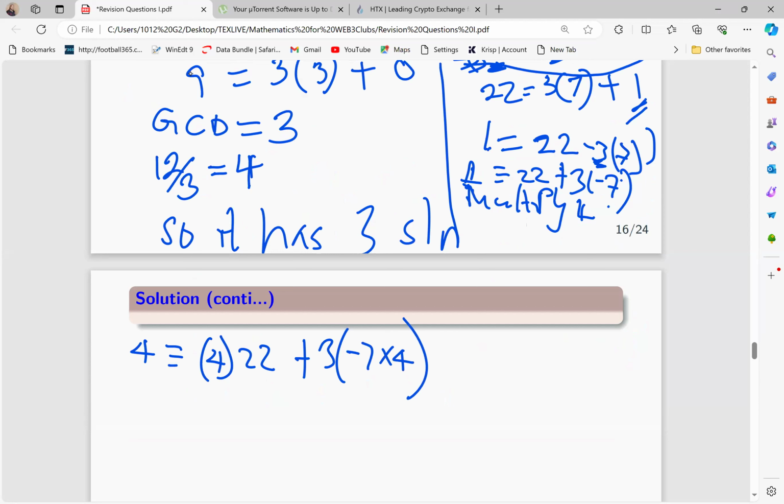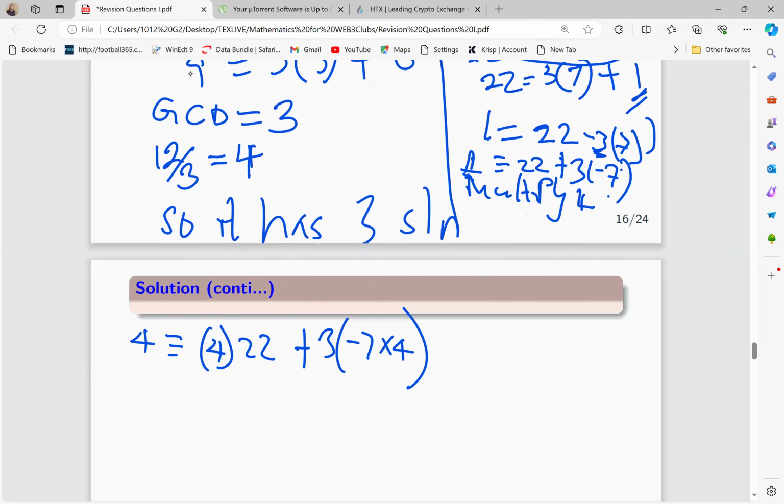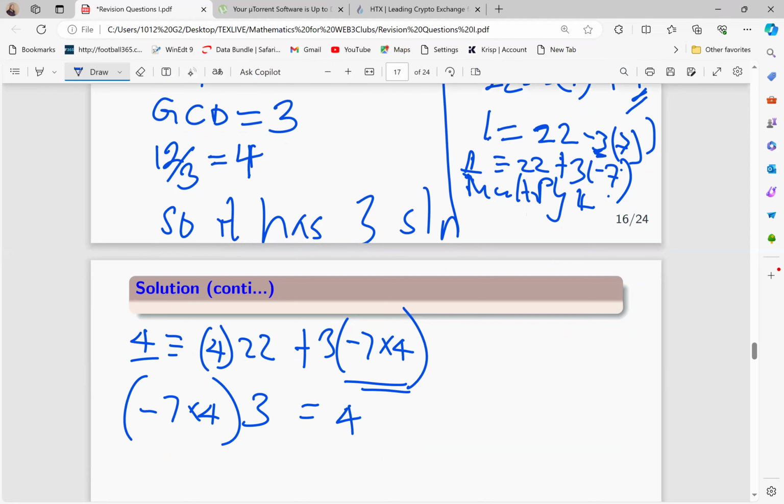What about this 3? What we want from above is a number multiplied by 3. So what we are saying is -7 times 4 multiplied by 3 would give us 4. That's what we want here.